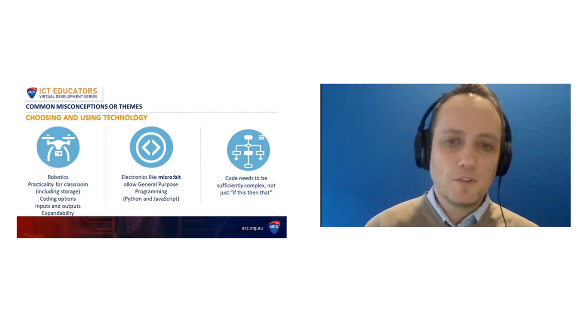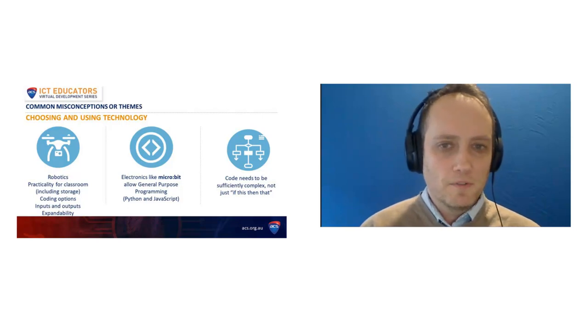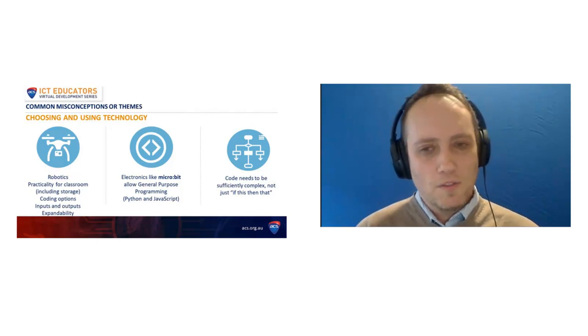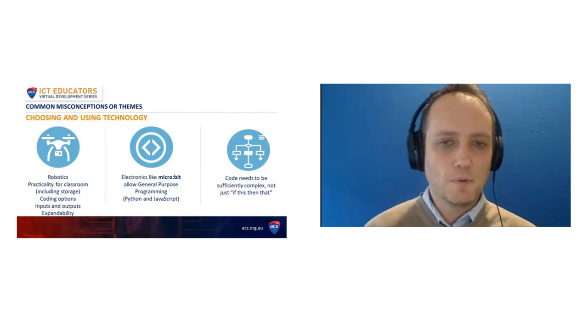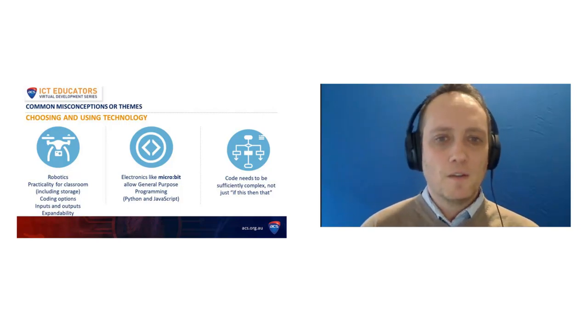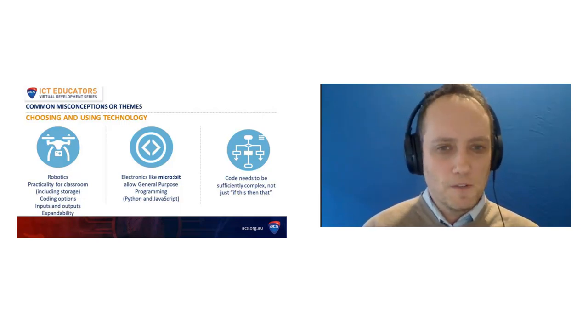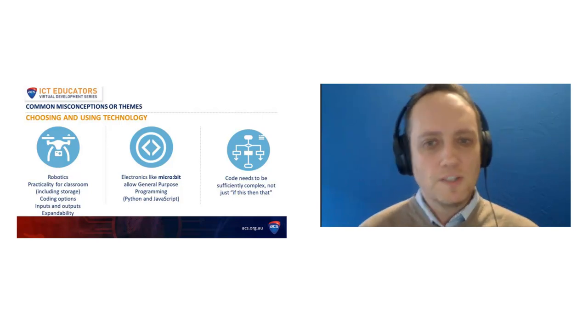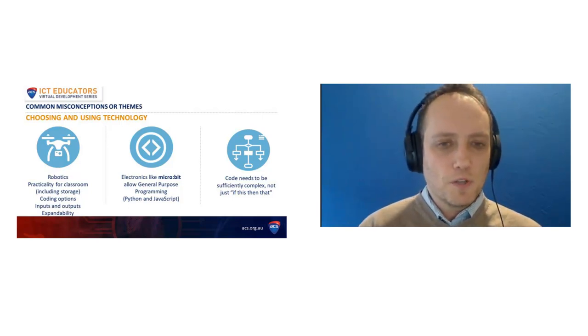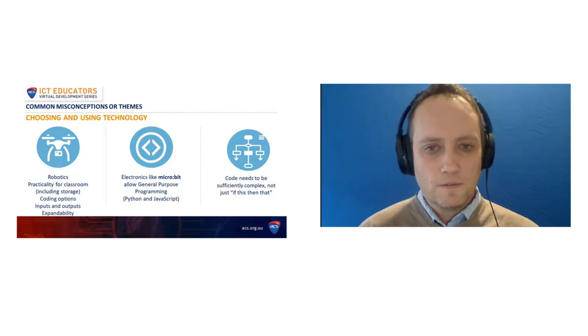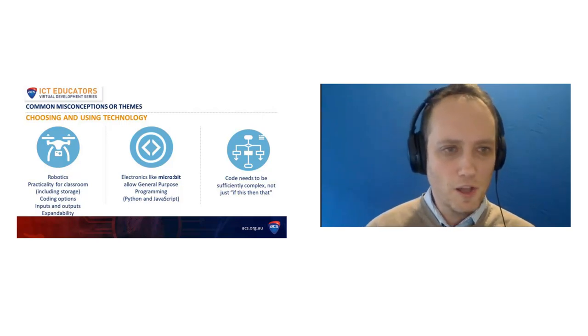Students need to be able to demonstrate that they can create algorithms with more than just a simple if this then that. One of the challenges of any kind of physical tech, whether it's robots or electronics, is that your programs will sometimes just be, oh, if I hear a clap, then turn the light on.